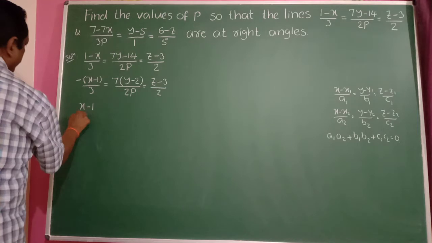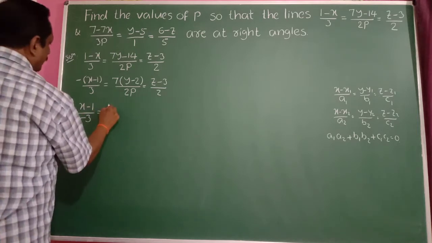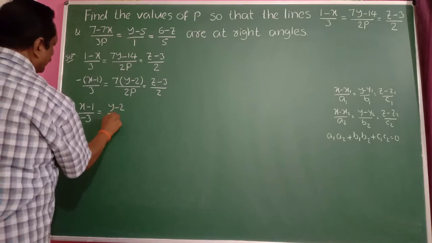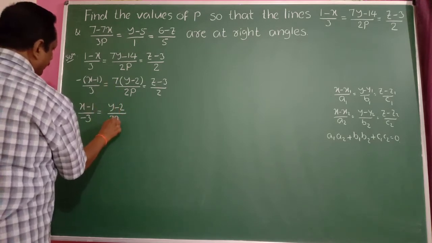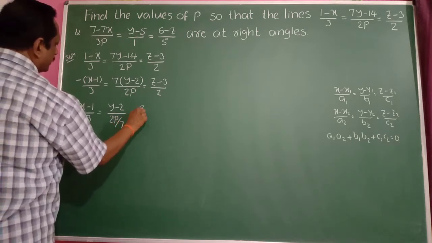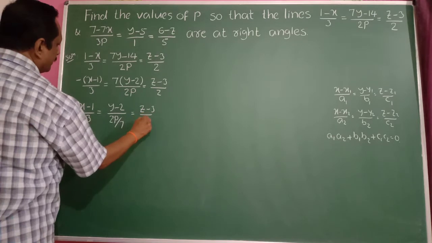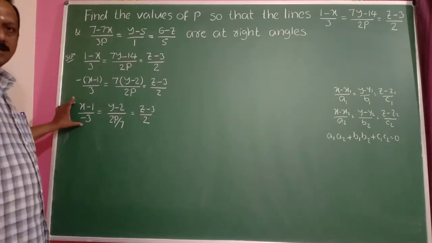x minus 1 divided by minus 3 is equal to y minus 2 divided by 2p upon 7, is equal to z minus 3 divided by 2. So this is the equation in the standard form.